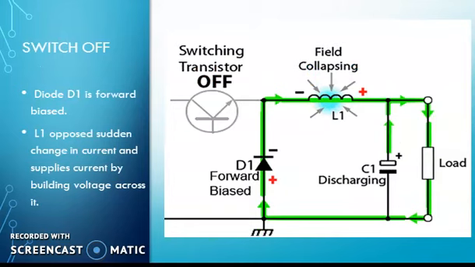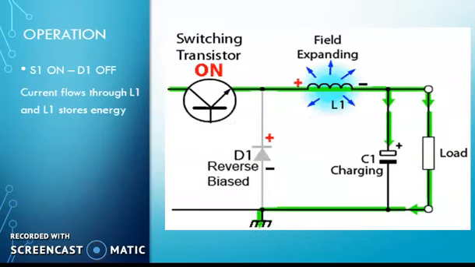When the switch is off, the inductor starts releasing its energy. At that time the diode is forward biased and the capacitor starts discharging through the load. So the output voltage appearing across the load is less than the input voltage. When the switch is on, the voltage across the capacitor appears across the load.